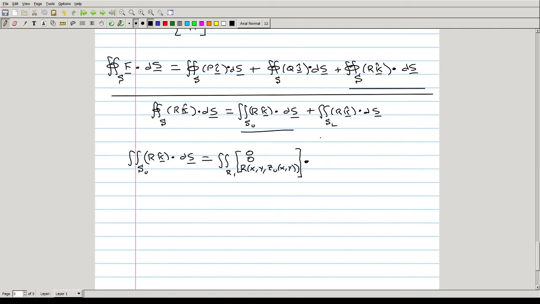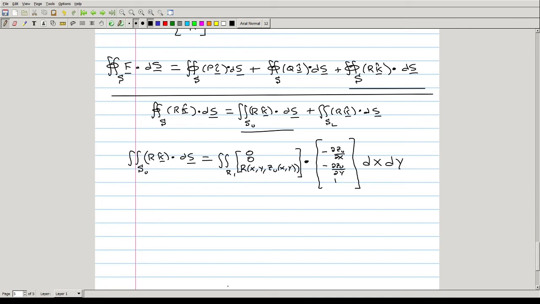And this is going to be dotted with the normal vector, which we found before to be negative the partial derivative of z upper with respect to x, negative the partial derivative of z upper with respect to y, and then 1 as the third component of this cross product, dx dy.